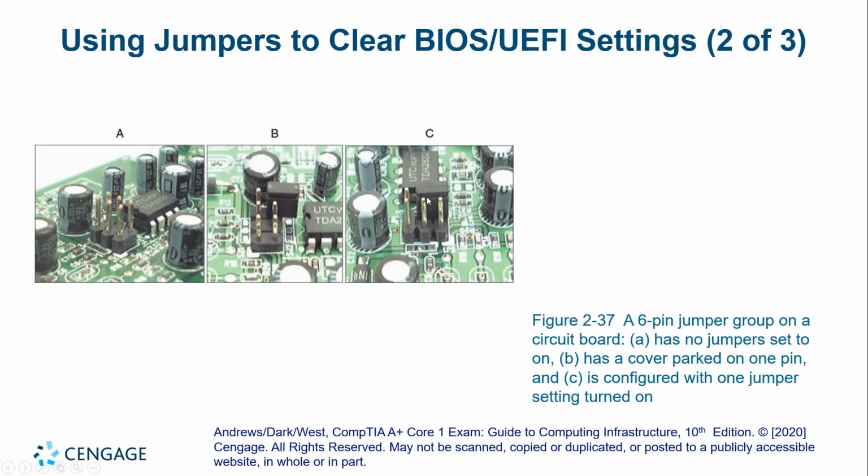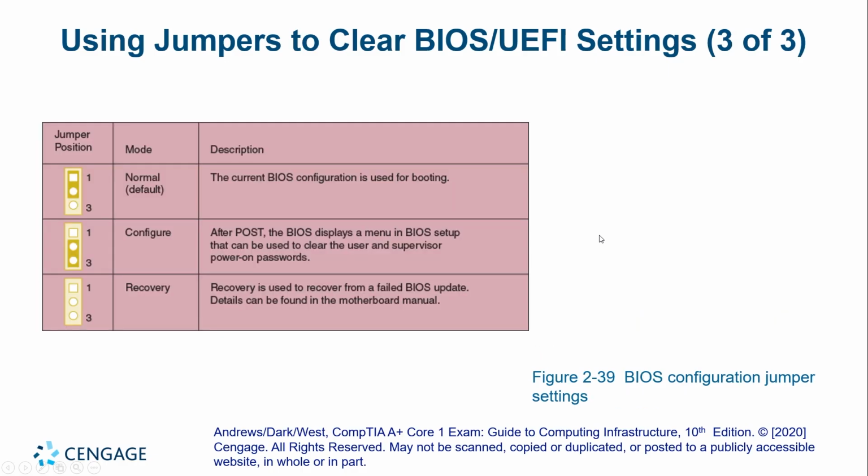So what you would do is connect it, connecting these two pins, and when that happens, that restores the default settings to the BIOS. You plug that onto those two, then take it off and put it back on one like this. You just leave it on there for a few seconds, and then put it back like this. At that point, your BIOS has been set back to factory default.